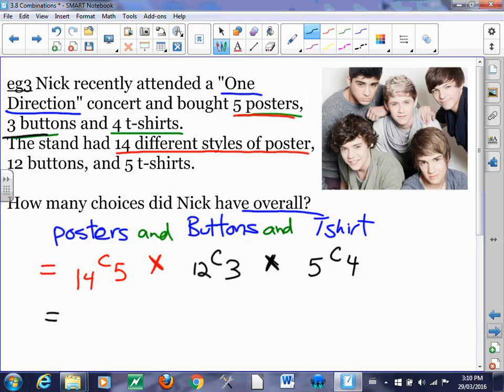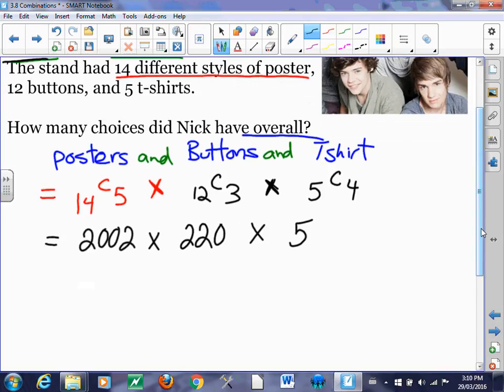Okay. So 14 choose 5. It's going to be 2002 times 12 choose 3, there's 220 ways for that, times 5 choose 4, which is 5 ways. Okay, and multiply them all together, and you get 202,200 ways.